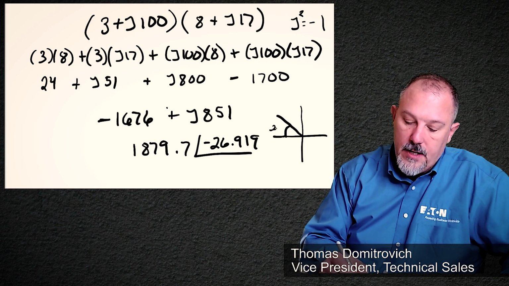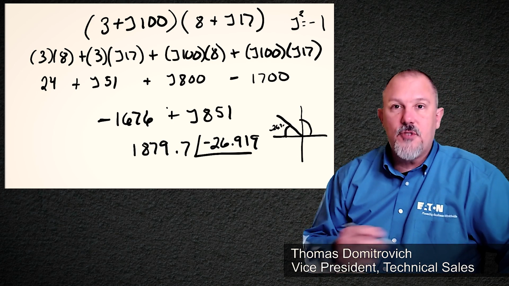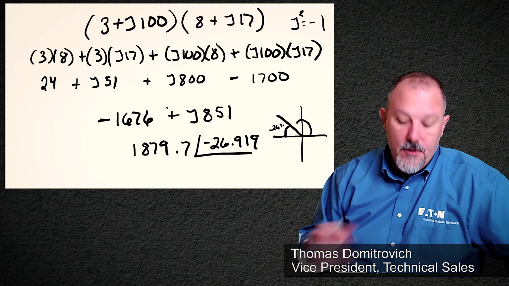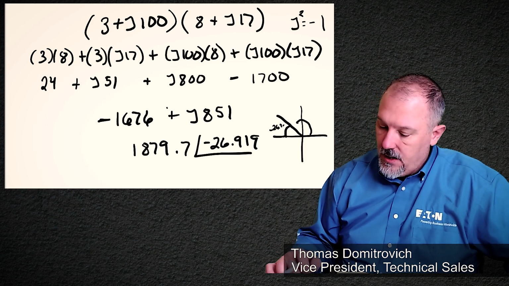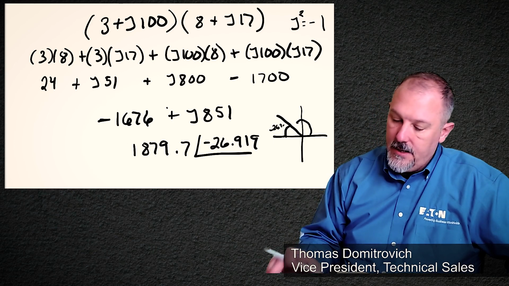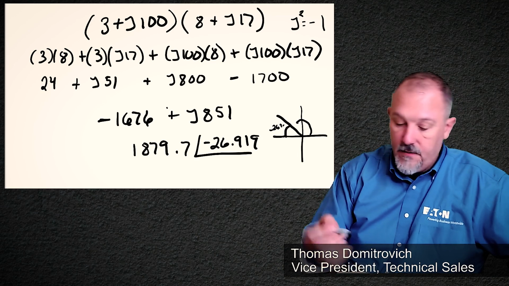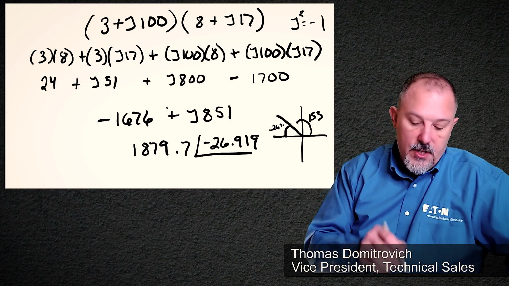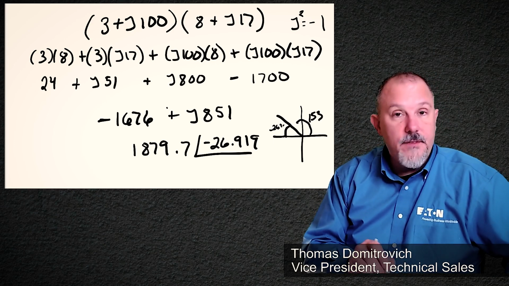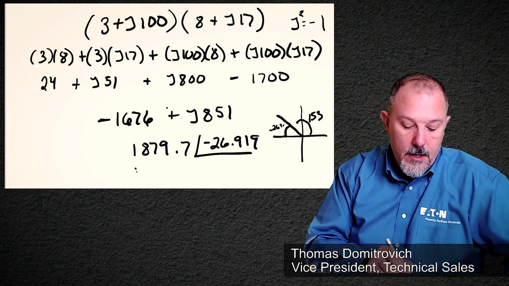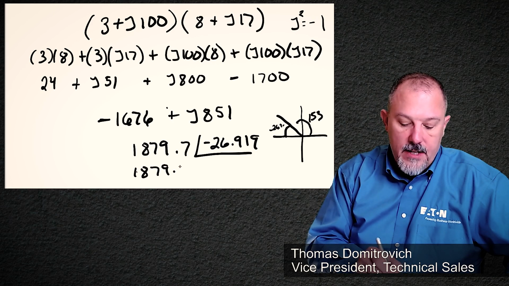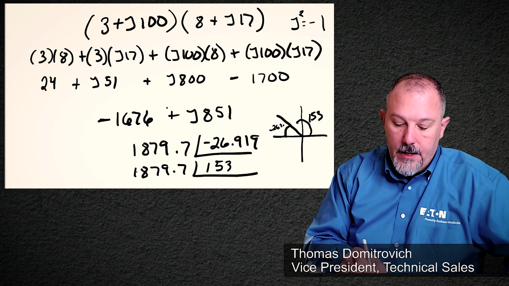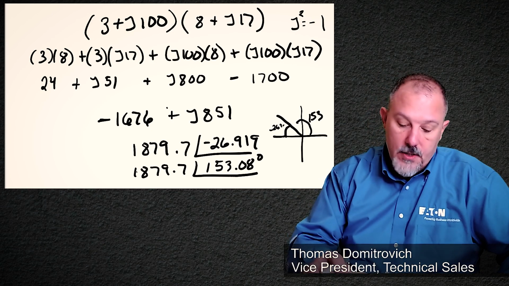To get this, I take 180 plus, or minus 26.919. So if I take 180 and add that, it's 153.08 degrees. So I could say this is 1879.7 at an angle of negative 26.919, or 1879.7 at an angle of 153.08 degrees.